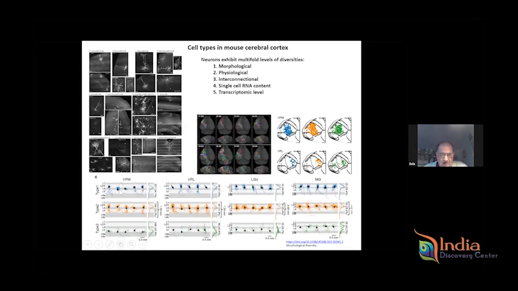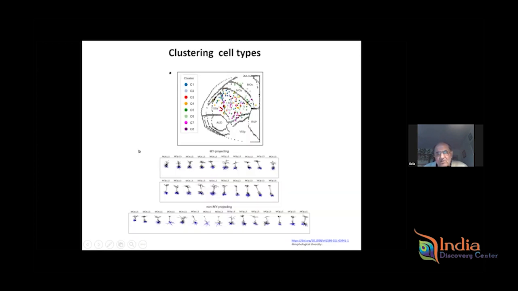Here is also another group's research, where morphologically different neurons cluster and project to different brain areas. Here we also see 8 different clusters in the cortex, and these different clusters have very different morphologically appearing neurons.